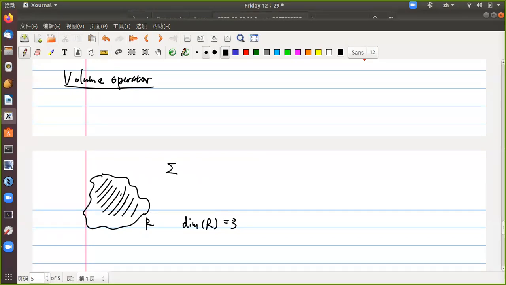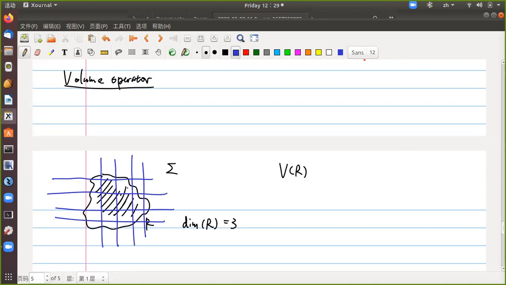And now we are going to write down an expression for the volume in terms of holonomy and flux, in terms of flux especially. Okay, so how to do that? We are going to discretize the volume of this region R. So again, we introduce the lattice. Now you can consider this volume as actually made by smaller volumes concentrated at each vertex.